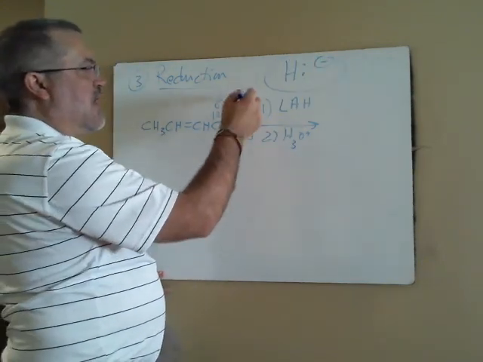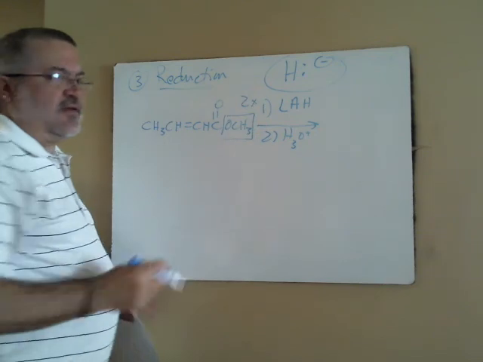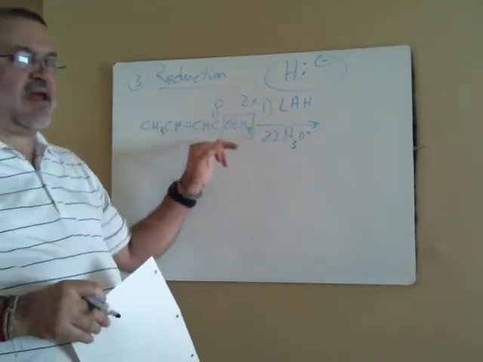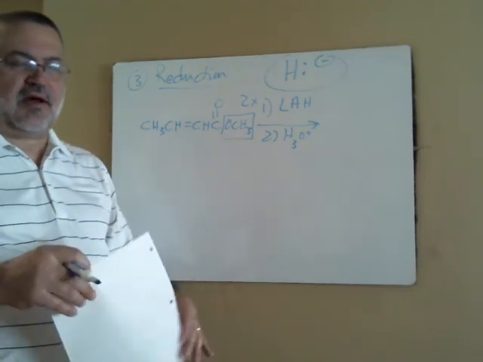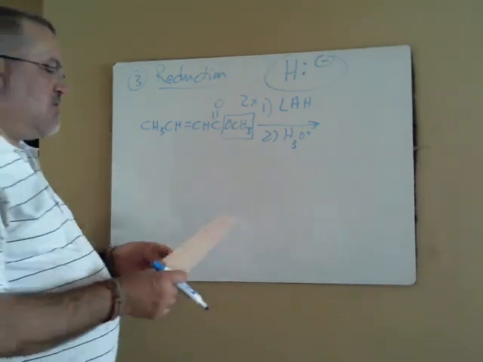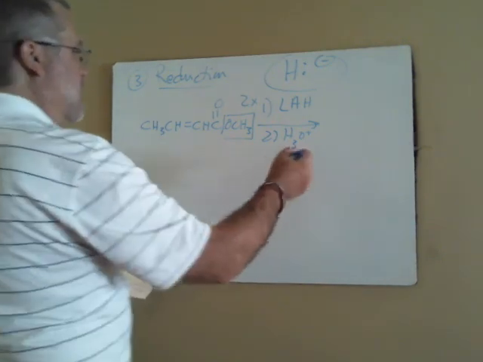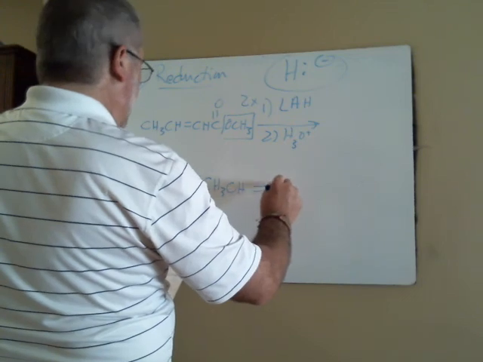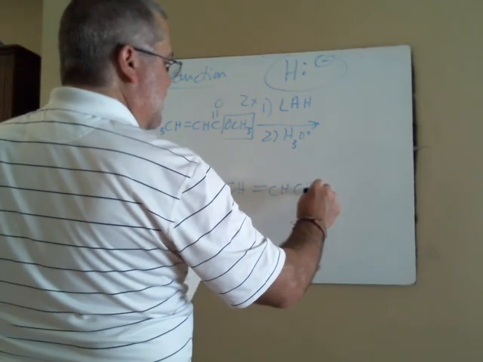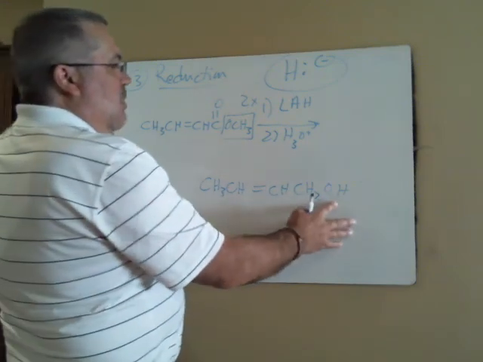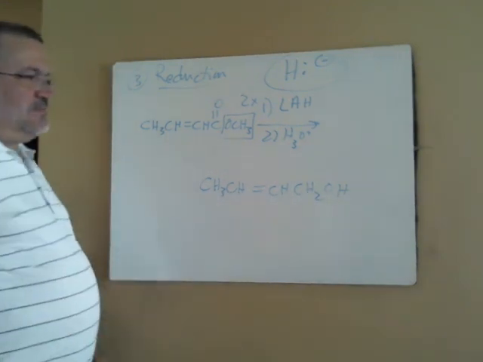But remember, in the case of the esters, you're going to have two equivalents because you initially form the aldehyde. The aldehyde gets reduced again to the alcohol. This is all review, so you already have it in your notes. For the product, nothing happens to the double bond. That's review. We did this exact question several lectures ago. We reduce all the way to that alcohol.